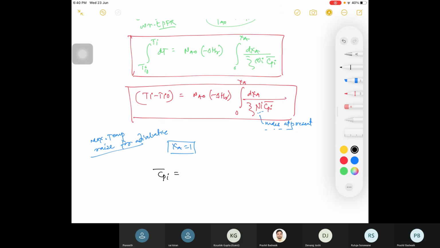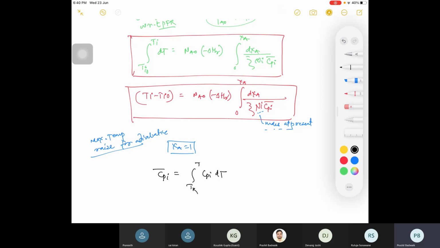It is averaged over temperature, the average molar heat capacity from reference to final temperature.